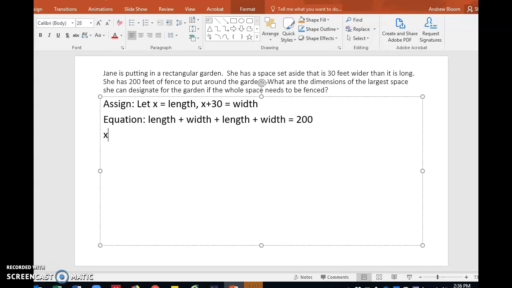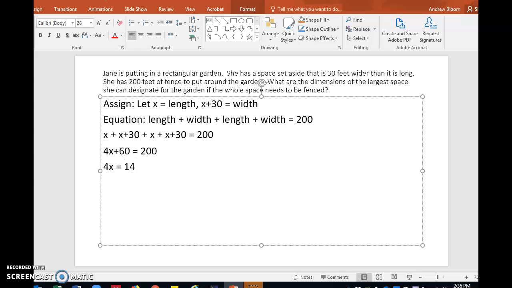Going back to our variables, that means that we have x plus 30 plus x plus 30 equals 200, right? Length plus width plus length plus width equals 200. Combining like terms, we get 4x plus 60 equals 200.